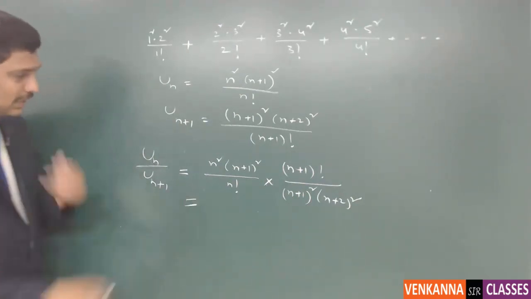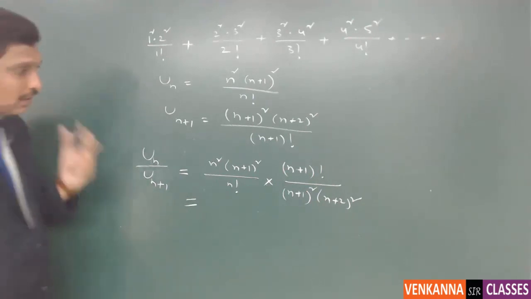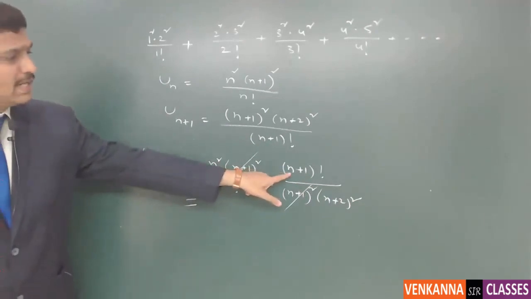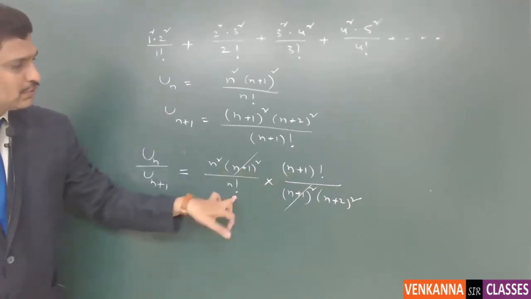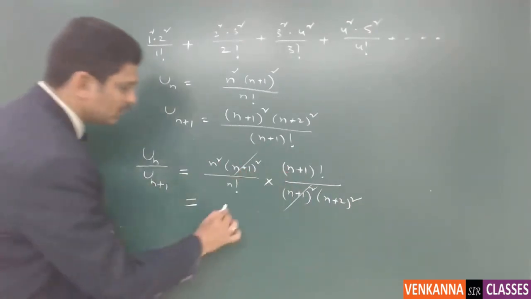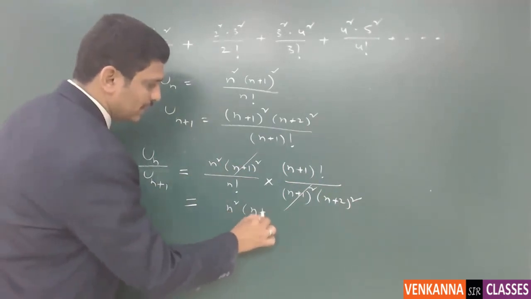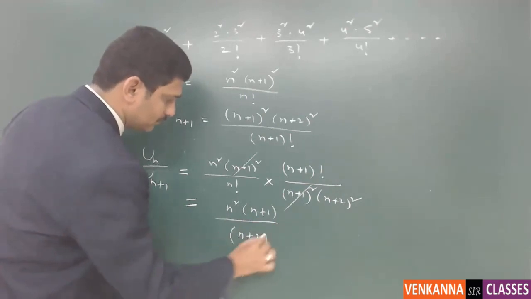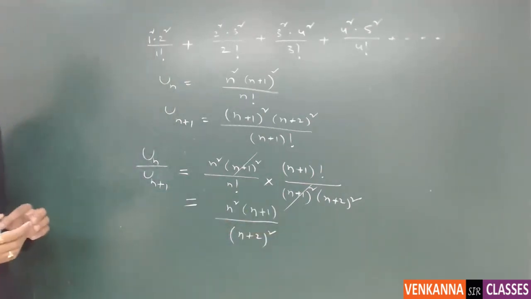So if you cancel the terms, n plus 1 whole square gets cancelled here. It will be written as n plus 1 into n factorial. So n factorial gets cancelled. So n square into n plus 1 by n plus 2 whole square.